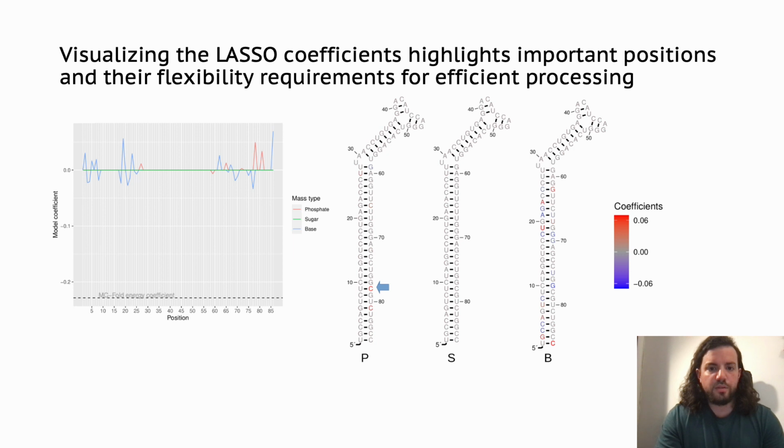So the nice thing about lasso regression is that, like I said, we can map back the coefficients on the structure. So there are 3 masses per nucleotide, so phosphate, sugar, base. And here you see the coefficients from the dynamical signature, and you see the energy coefficient for the MC-fold energy of folding.